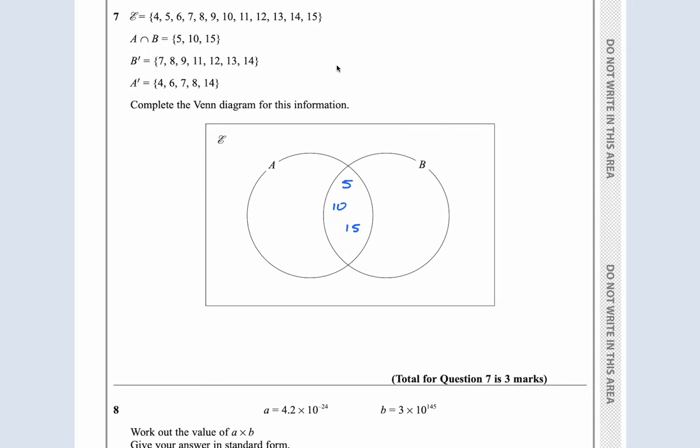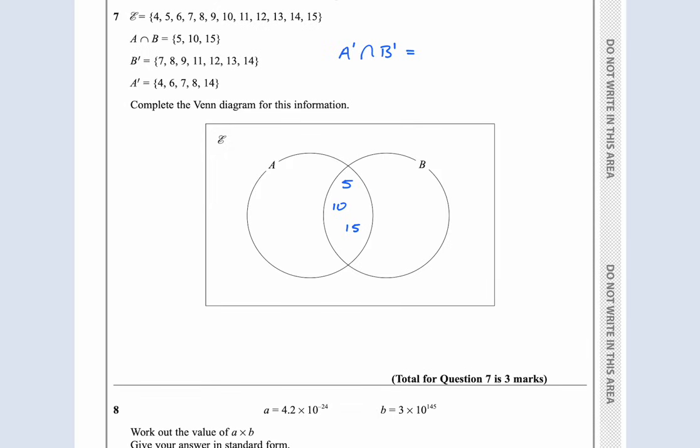Okay, so this is actually an interesting question, slightly different to what I'm used to. We need to find out what's in both not in A and not in B, and I'm going to write this down here. I want what's not in A and not in B. Now, if I can figure out what's not in A and not in B, then I know what's on the outside, because this is what's not in A and not in B. So not in A and not in B is basically what's common here.